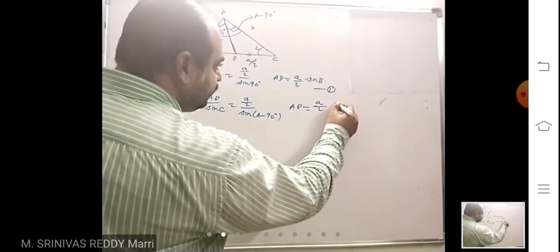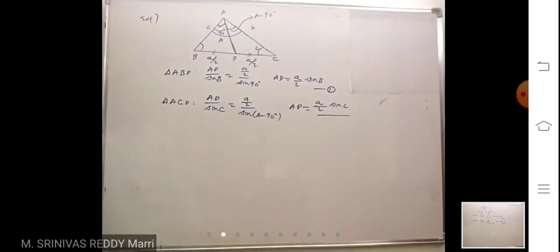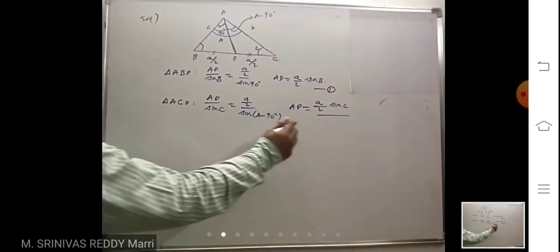AD is a by 2 into sine C divided by sine of A minus 90 degree.